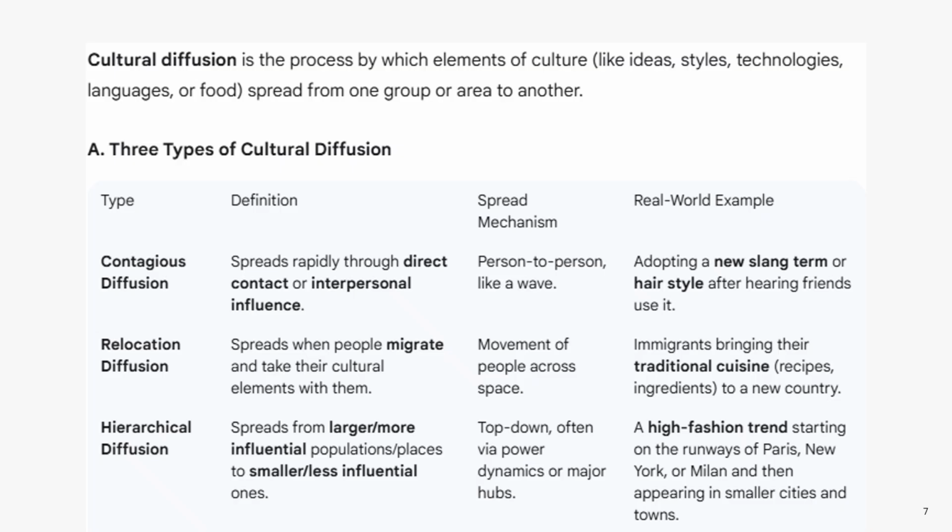So you might have a mainstream culture like Western American culture, and it in some way sort of imposes itself upon those smaller, less influential, less powerful cultures. So this is very top down. It's kind of a power dynamic where one culture starts to overwhelm or sort of outpace the others.